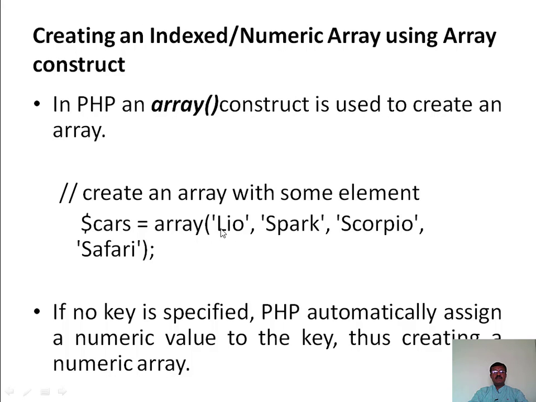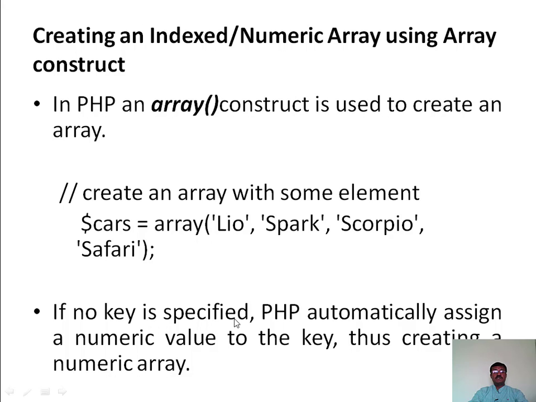When I specify only values without specifying keys, the PHP engine will automatically assign index values to these elements, starting from 0. For Leo it assigns key value 0, for Spark it assigns 1, and for the Scorpio element it assigns 2.